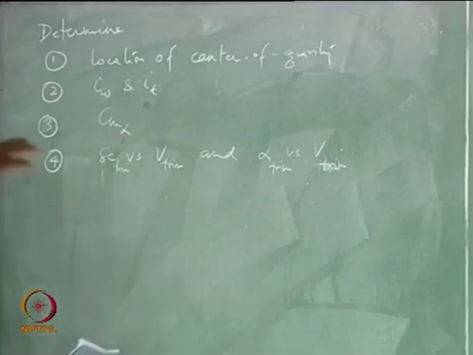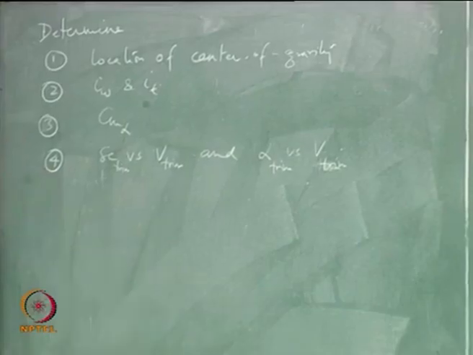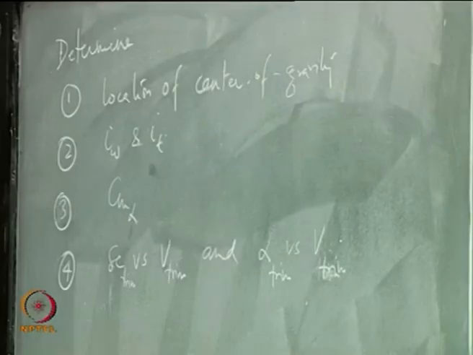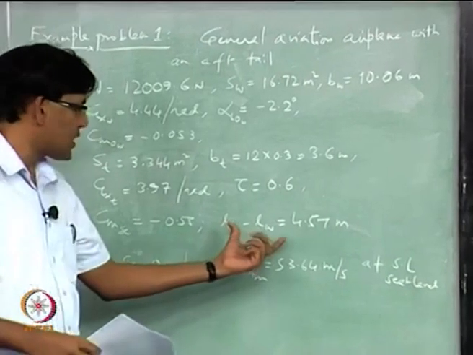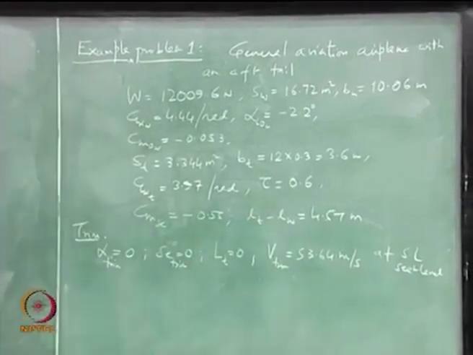I think you are familiar with this one problem at least, right. It is not so difficult to solve this. So, I will quickly. So, you want to find out the location of center of gravity, and what is given is this.